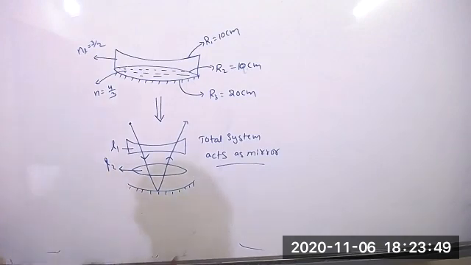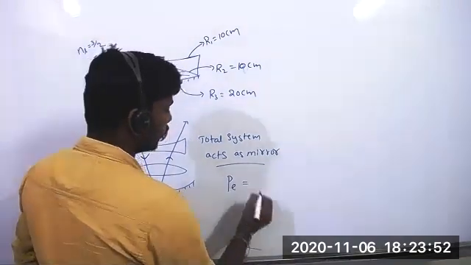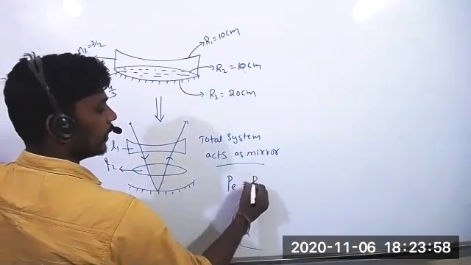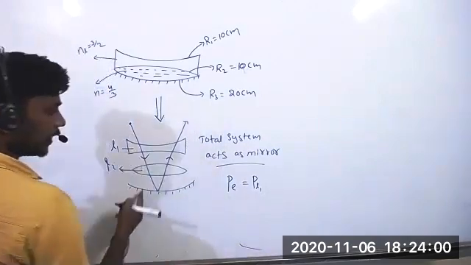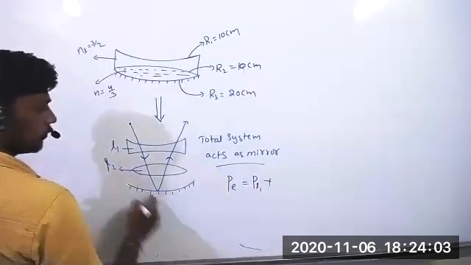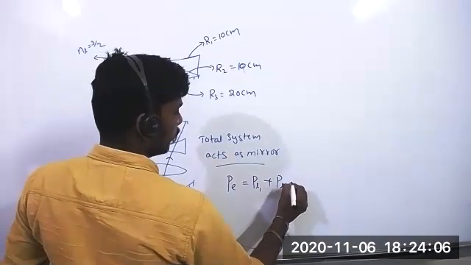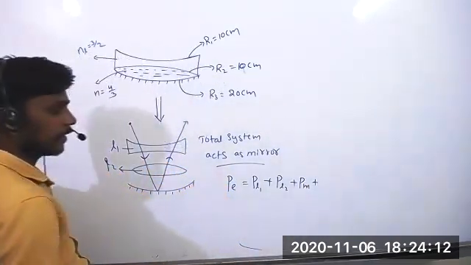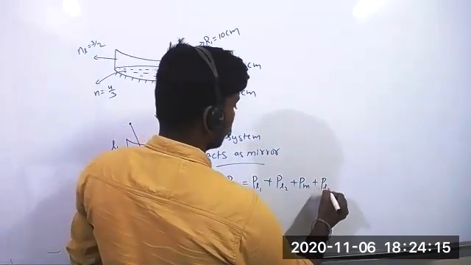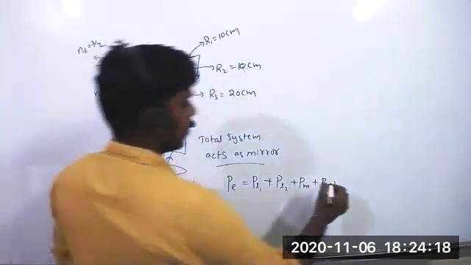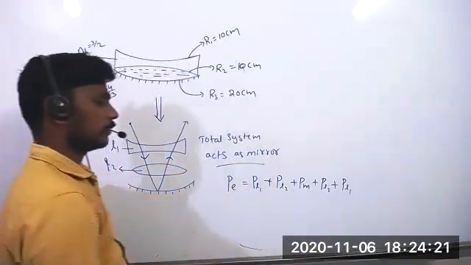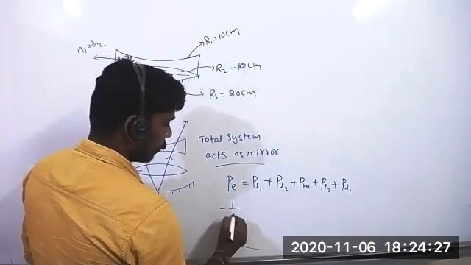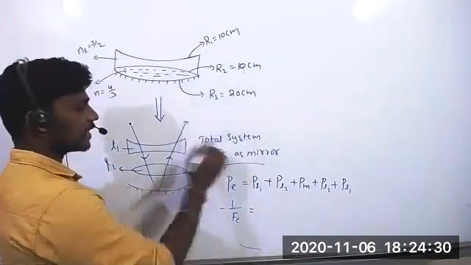Yes, sir. Now, PE equal to, tell me. PL1, right? Plus PL2, plus PM, plus PL2, plus PL1. So if we know the powers, minus 1 by FE, because total acts as a mirror.